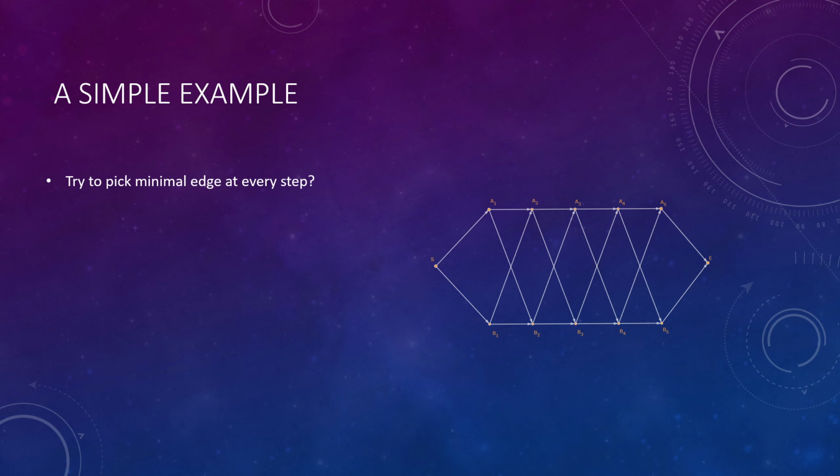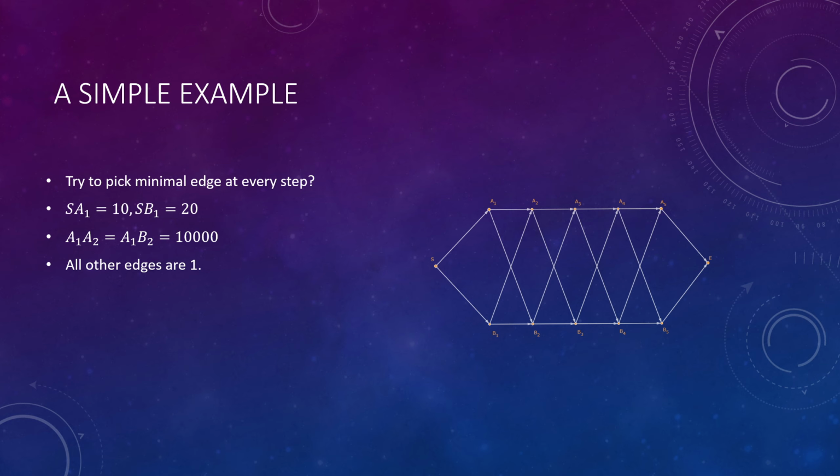What if we pick the minimal edge at every step? This is also not going to work because there is an easy counterexample, such as the one that I put on the screen, where SA1 is, let's say, 10, SB1 is 20, so slightly larger, but then A1, A2 and A1, B2 are very expensive, are 10,000, and all other edges are 1.